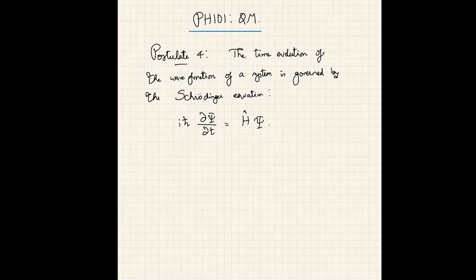So given a potential energy V of x, I can construct the Hamiltonian for the system by simply adding the potential energy contribution with the kinetic energy contribution. Okay, so this is the total energy operator or the Hamiltonian operator of the system.